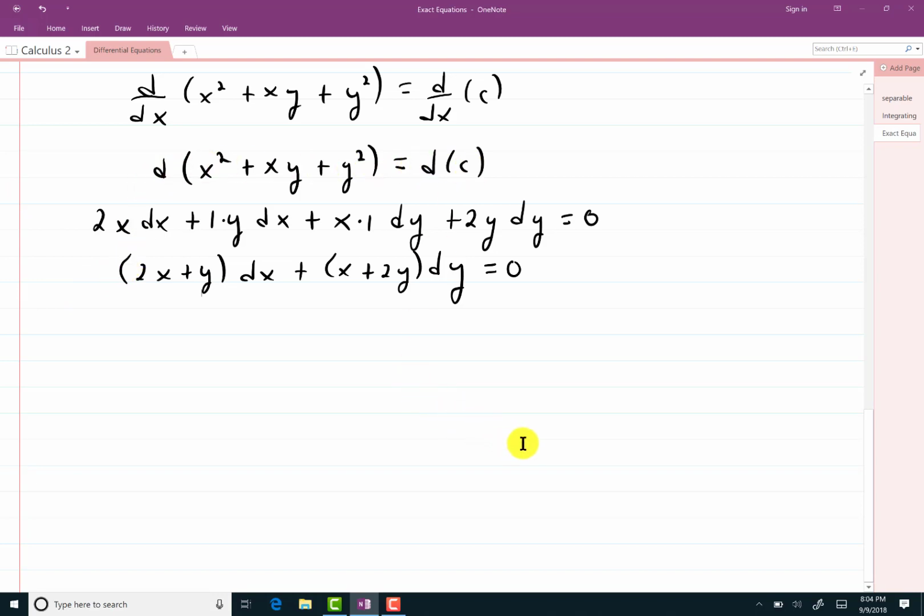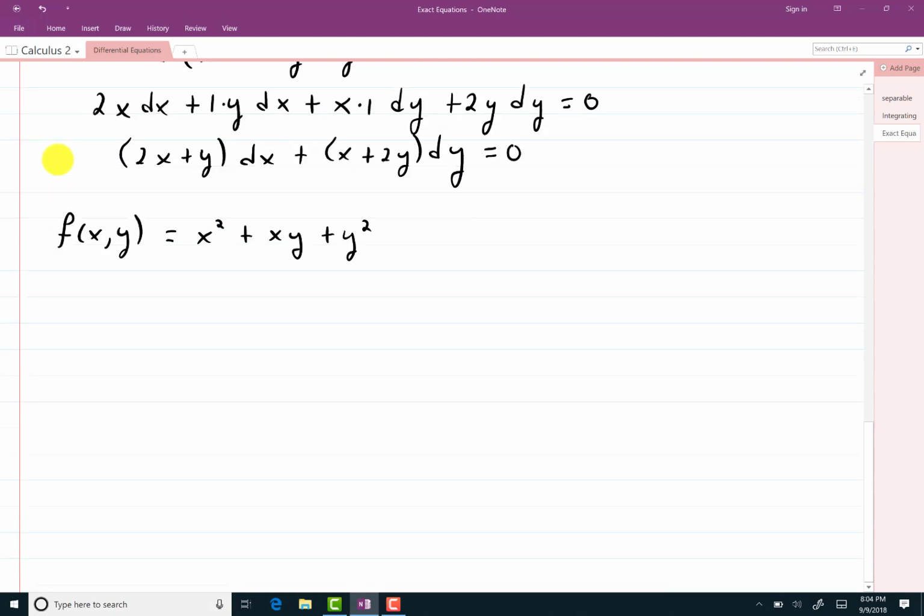And so the way we write it is like this. Remember, this stuff here was when I took the derivative with respect to x. So let me use some notation. I am going to let f of x, y equal x squared plus xy plus y squared.